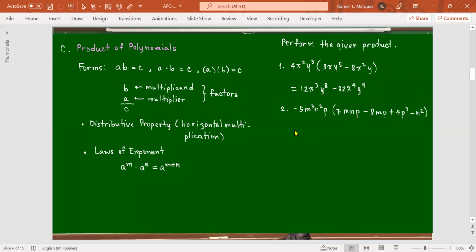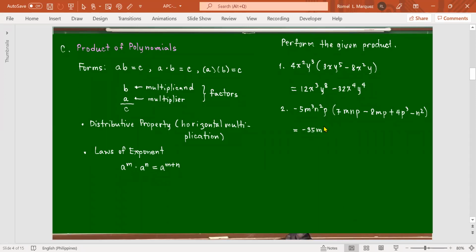Okay? Again, by distributive property, we distribute this monomial as a product, no? Or as a multiplier to its term inside. First term, this monomial to first term. Negative 5 times 7, negative 35.